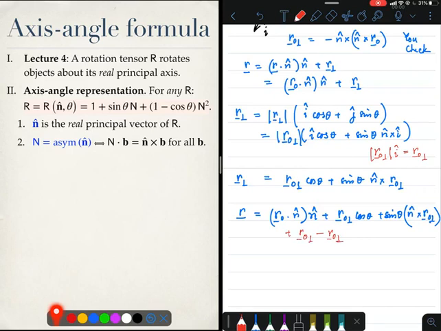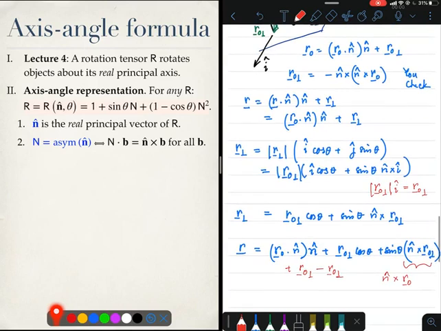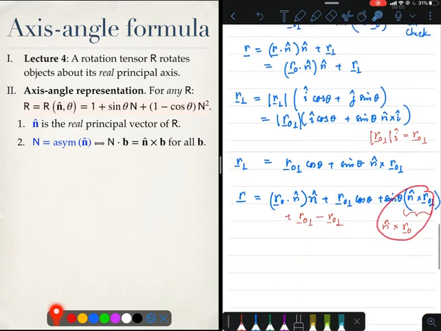And the second thing I am going to notice is that n cross this is the same as n cross r0, because what is r0? Well, you can check this fact from here. If you take n cross r0 here, then n cross n is 0, and n cross r0 becomes equal to n cross this, because this will go to 0, right? So that's what I have done over there. Great.